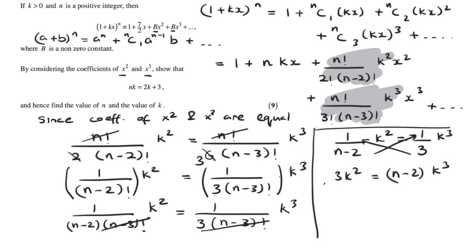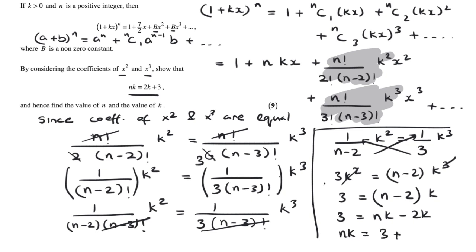From here, I can divide both sides by k squared, which leaves a single k. So 3 equals (n minus 2) k, and if I expand and tidy up, I get the expression that I wanted, which is nk equals 3 plus 2k. There you go, so that is my first part done.